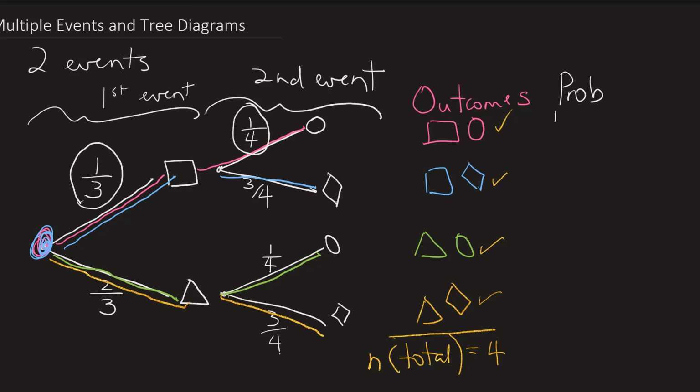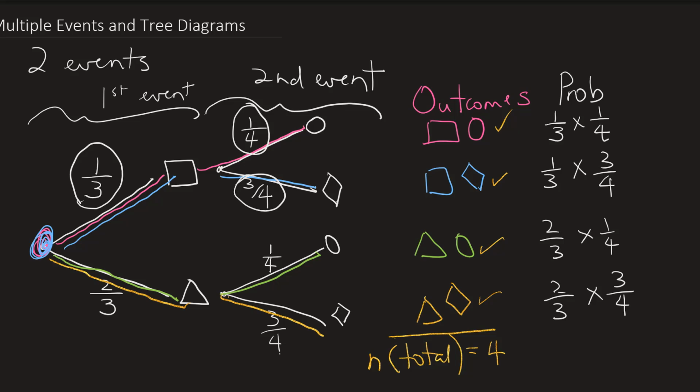The way I write it is 1/3 multiplied by 1/4. The second one in blue, 1/3, and this time multiplied by 3/4. The third one in green is 2/3 multiplied by 1/4. And the last one in yellow is 2/3 multiplied by 3/4.